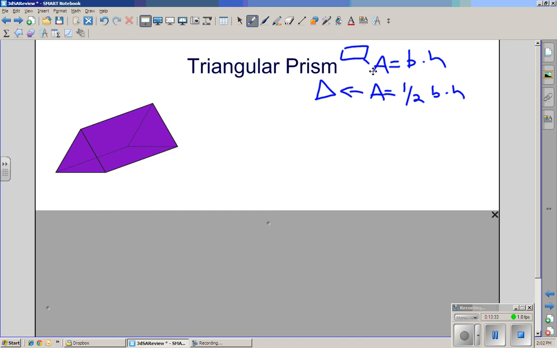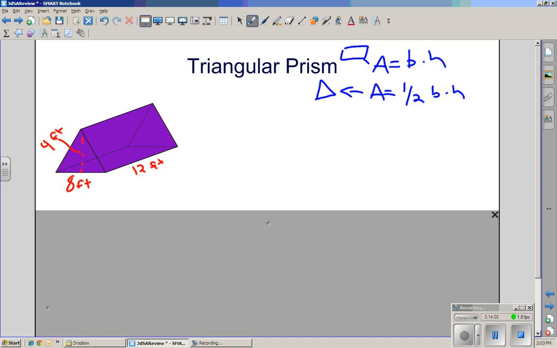So for this one, let's make the base of my triangle 8 feet. The height of my triangle is 4 feet. The base of my rectangle is 12 feet.